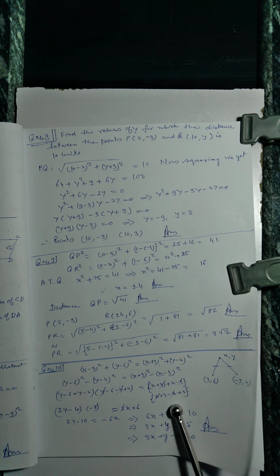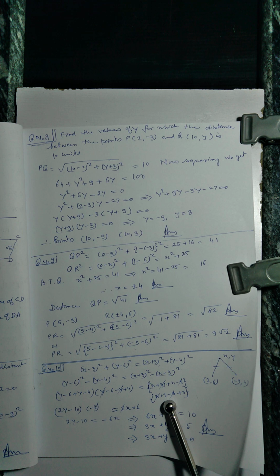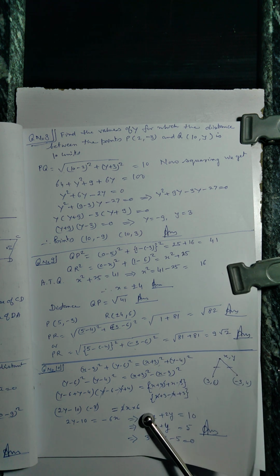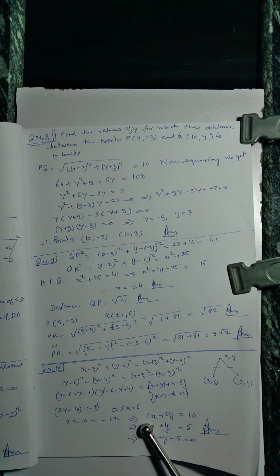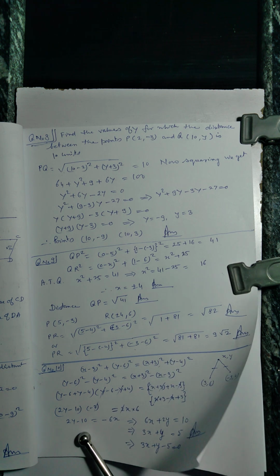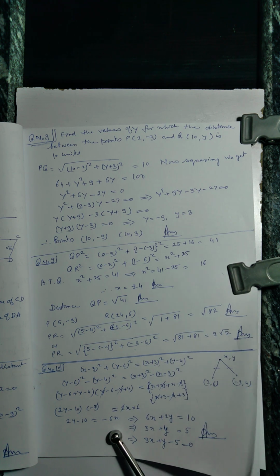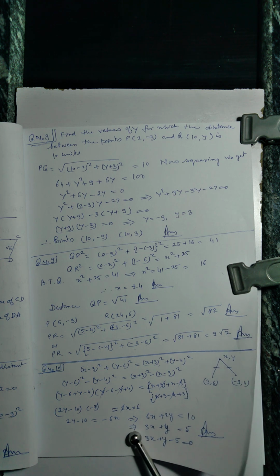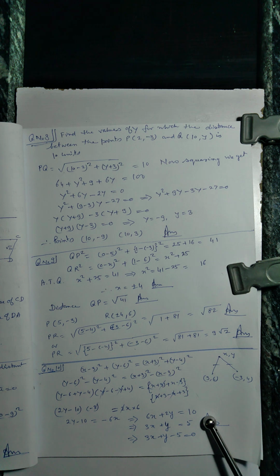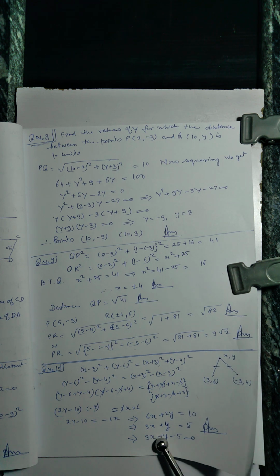is equal to 2x times 6. Here from here you will get 2x times 6. So again open it, you will get 2y minus 10 is equal to minus 6x. So 6x plus 2y is equal to 10. 3x plus y is equal to 5.